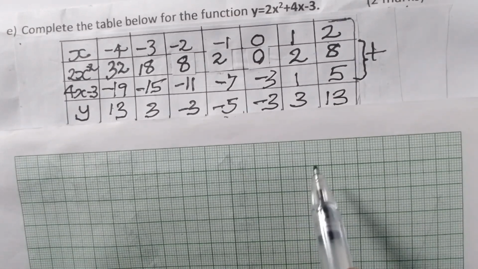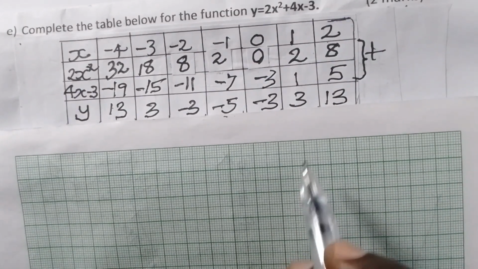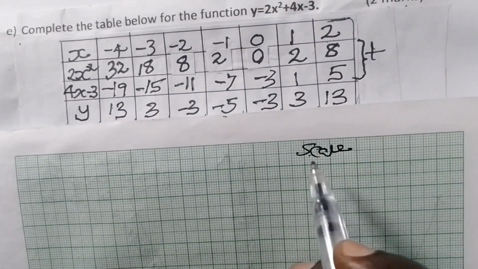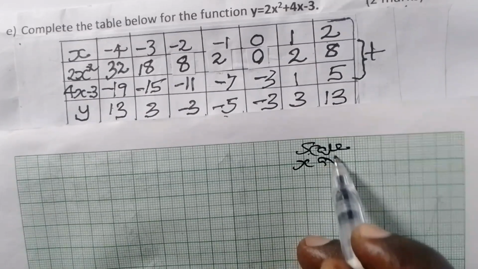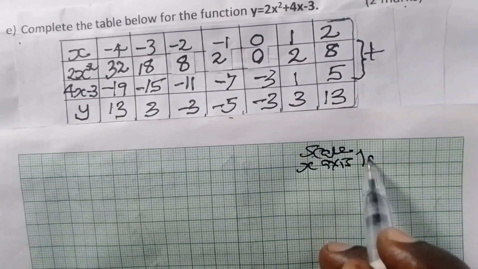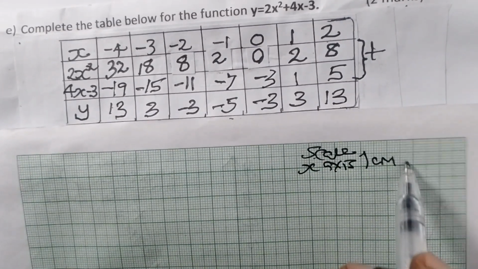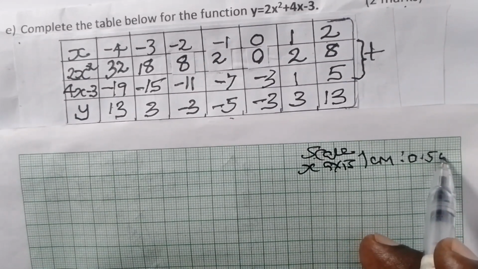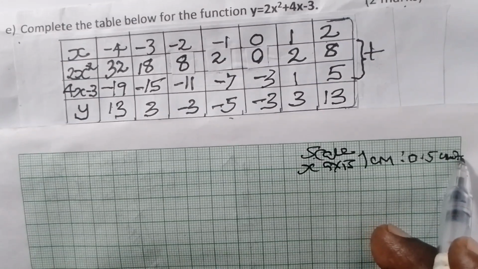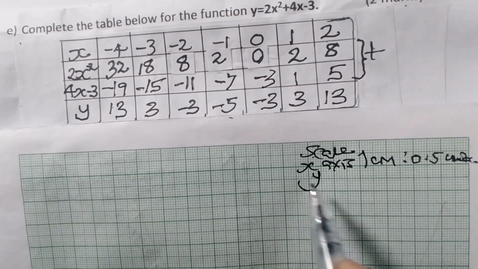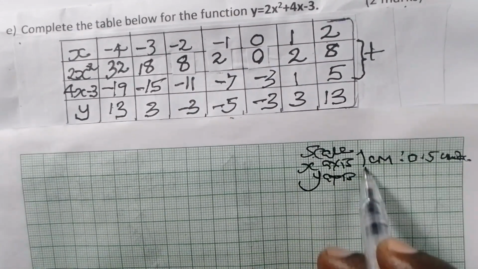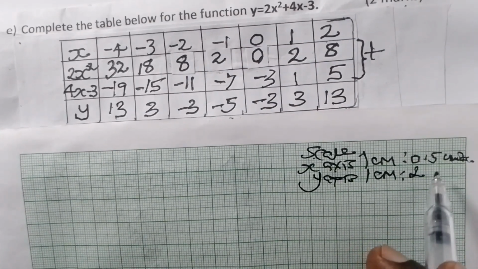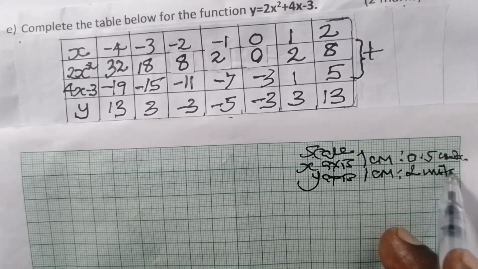So you come at the top right hand corner of your graph paper, you write the scale here: x-axis 1 centimeter to represent 0.5 units, and then on the y-axis 1 centimeter to represent 2 units, like that.